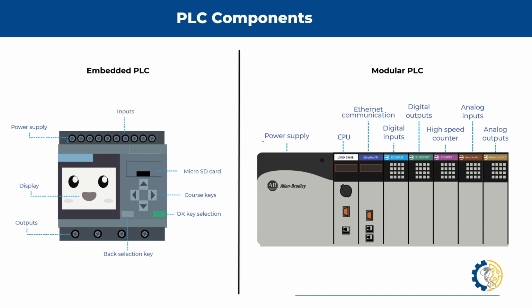These are, let's say, a little bit more advanced, especially for plants and processes that may be scalable. So let's say, for example, a customer says, this year we're going to start up this process, but next year we're going to add a new process over the process that we are already starting up. So there's going to be scalability, and our customer is prepping to add more inputs and outputs for the cards that it needs.